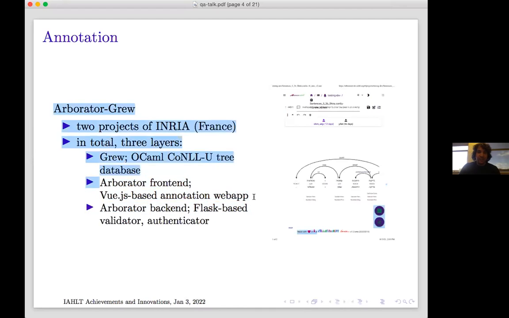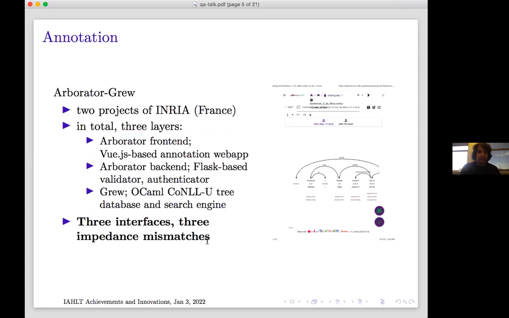There's a front end, which is JavaScript based. Here's a little screenshot of what it looks like. You've seen some screenshots from it in Noam's presentation. And the backend, which is a Python-based system, basically just mediates between the front end, which is lots of JavaScript, and the tree database.